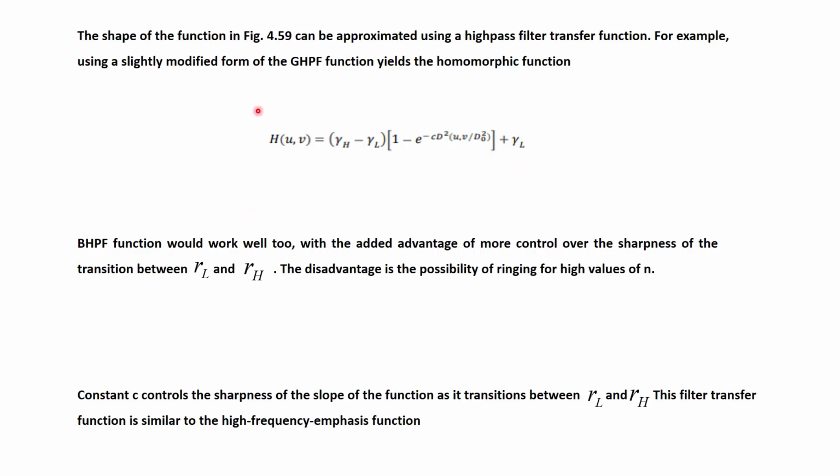Now the Gaussian high-pass filter-based homomorphic filter does not have any ringing effect, but there is a poor transition between gamma L and gamma H. So we can also use a Butterworth high-pass filter function, with the added advantage of more control over the sharpness of the transition between gamma L and gamma H. But the disadvantage is that as we go on increasing the order of the filter, there will be secondary lobes that create a ringing effect.